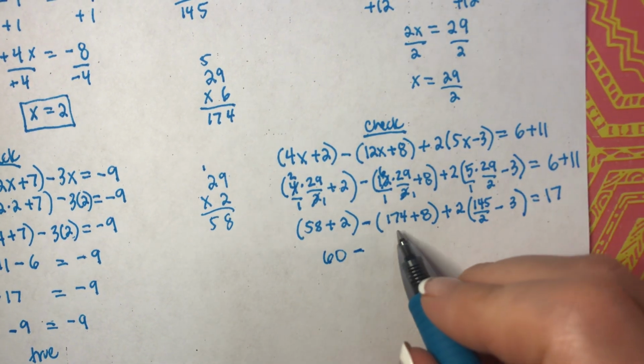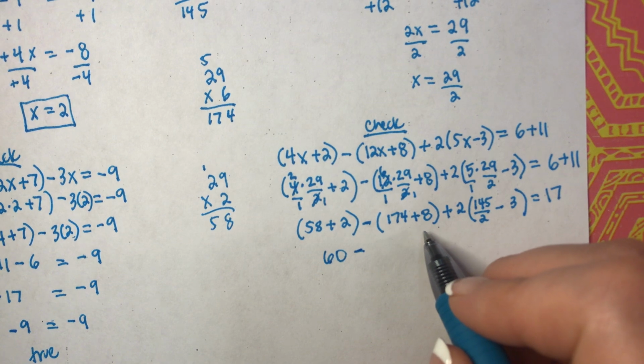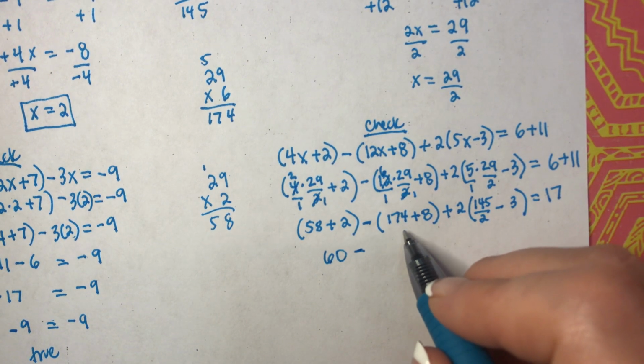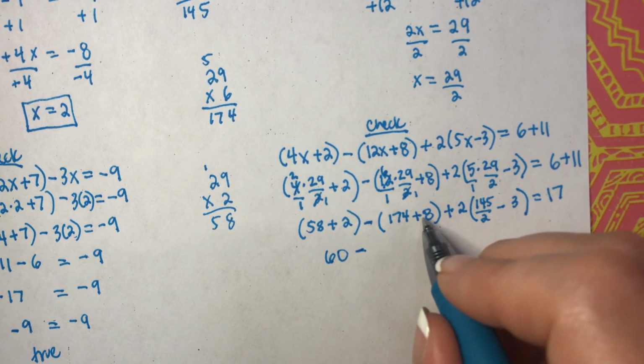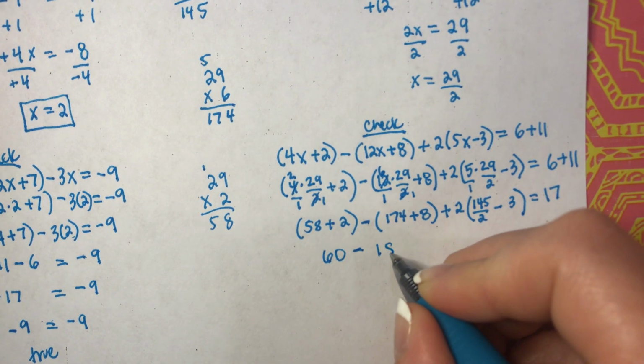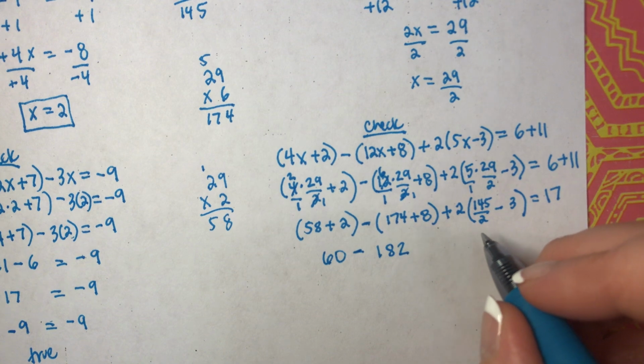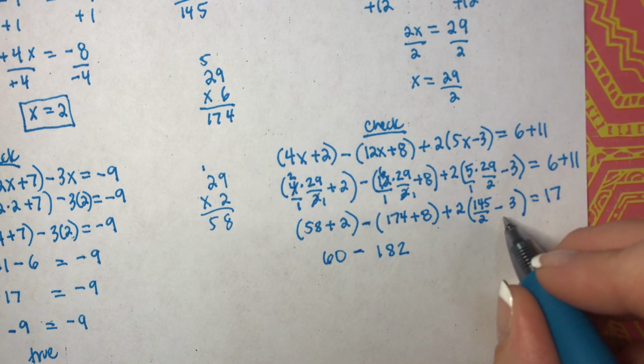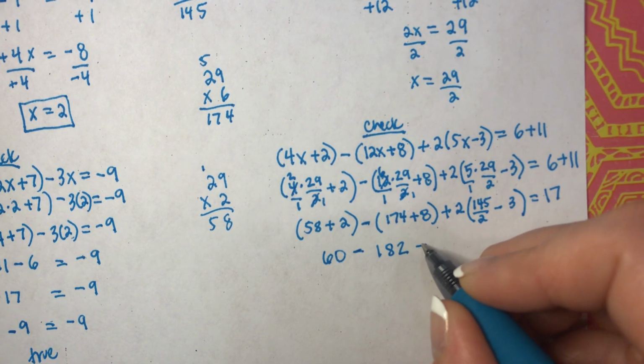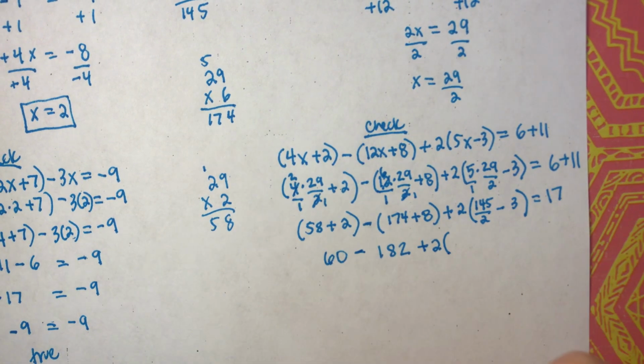Minus 174 plus 8, that would be 182, right? Yeah, that'd be 182. And then we have this bit right here, plus 2 times.